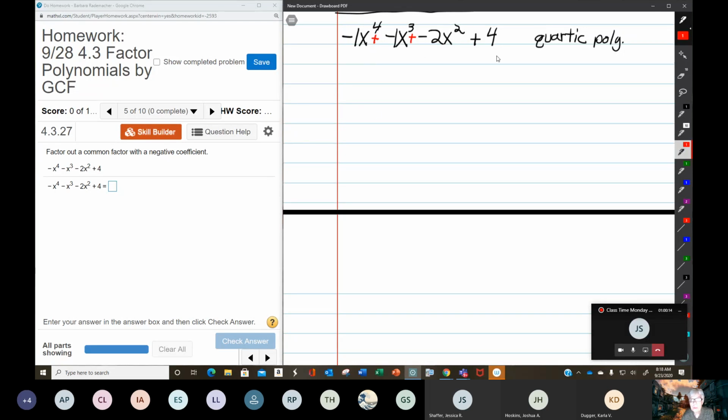So this is what we really have here, and I'm going to rewrite it as -1 x to the 4th plus -1 x to the 3rd plus -2 x squared plus 4. We have 1, 2, 3, 4 terms, and the leading coefficient is negative.